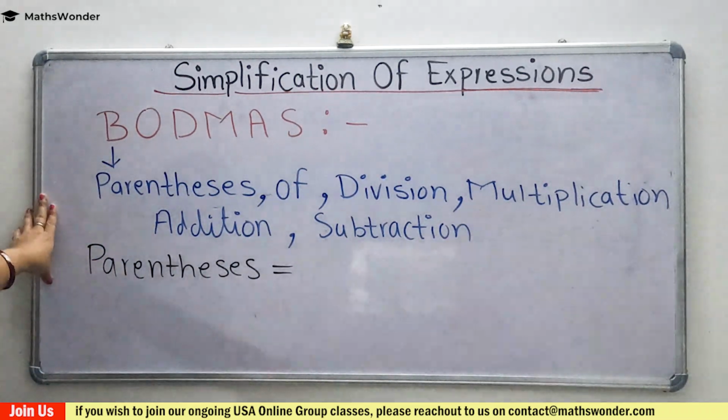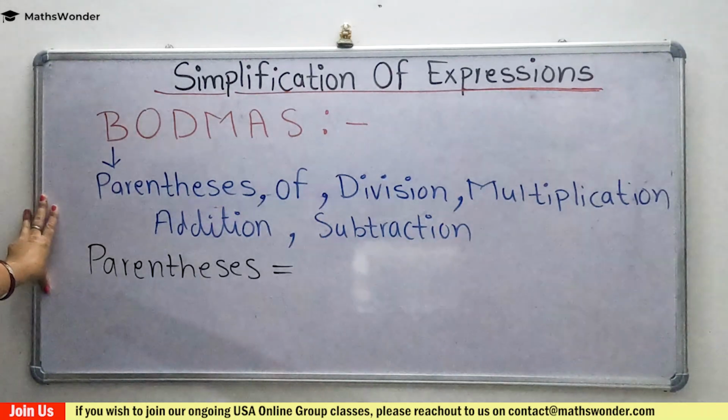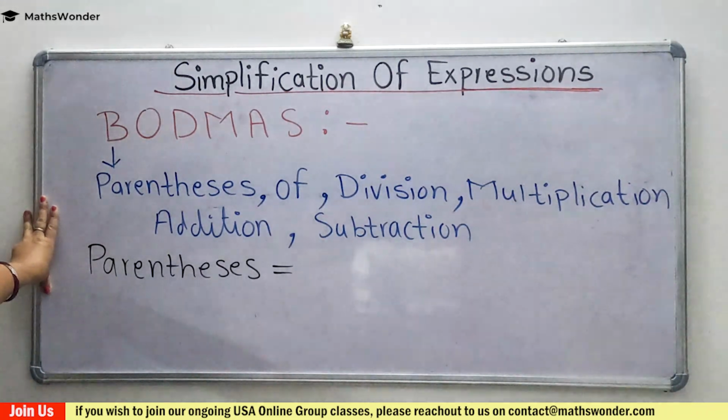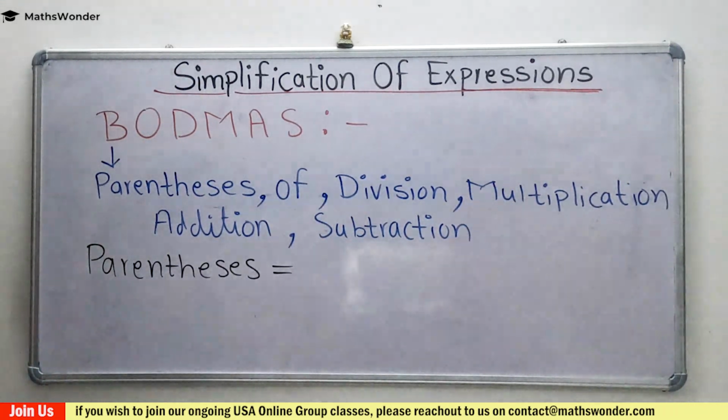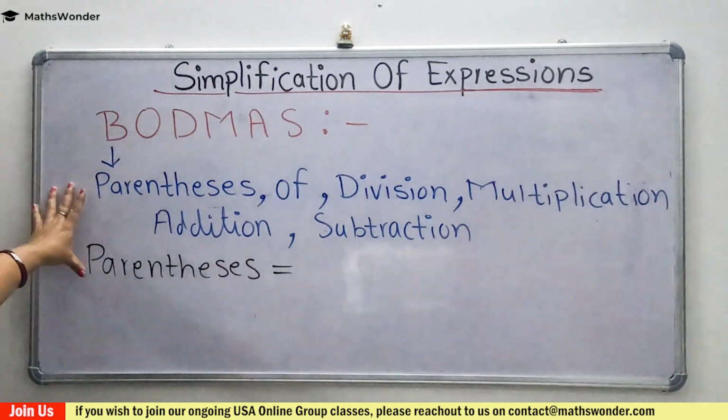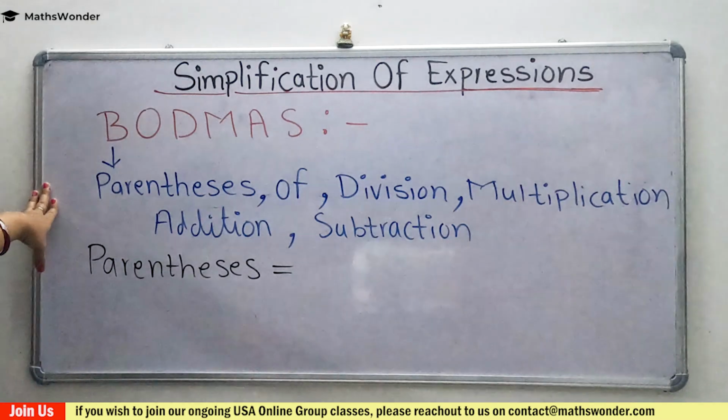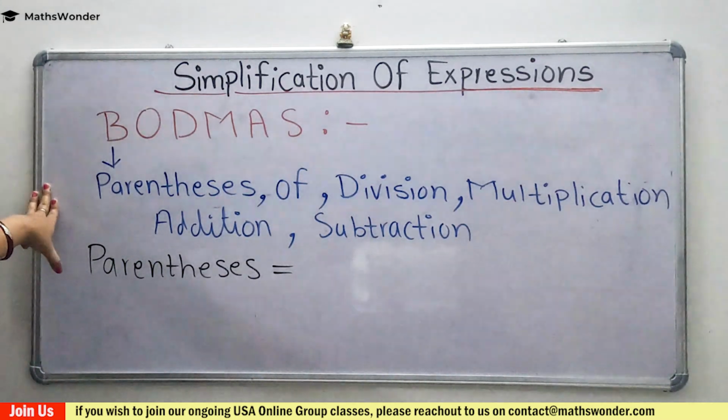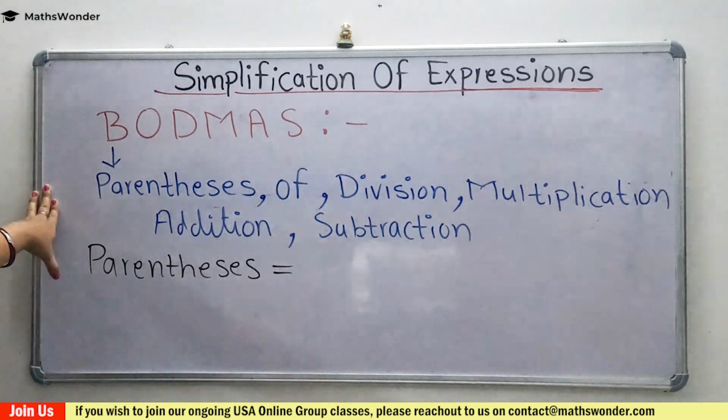While performing operations on any type of number, natural numbers, whole numbers, integers, fractions, decimals, rational numbers, or algebraic expressions, we need to follow the same sequence. We have to keep in mind the order of operations. In doing the operations in different order, we get different answers for the same expression.